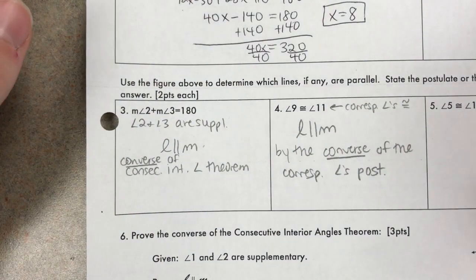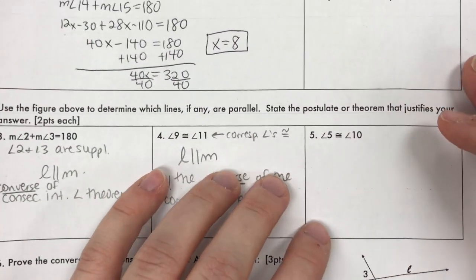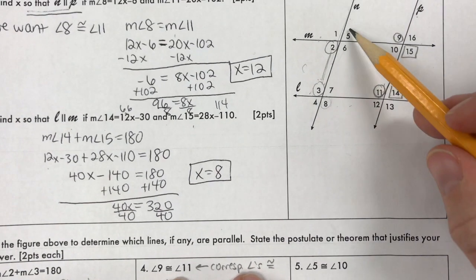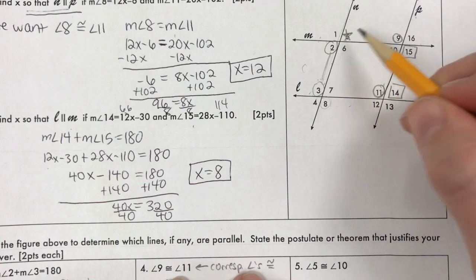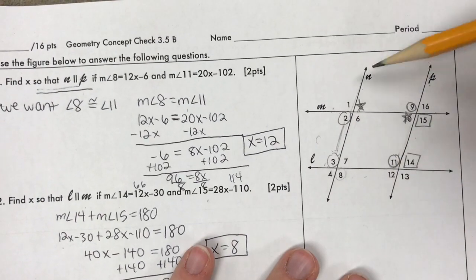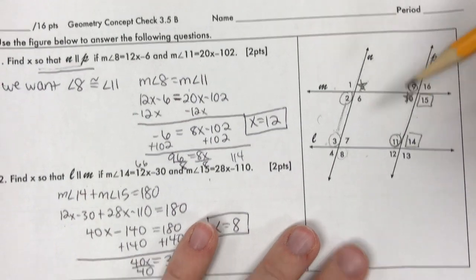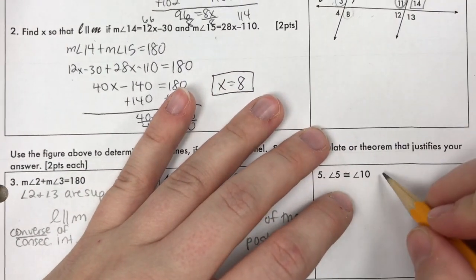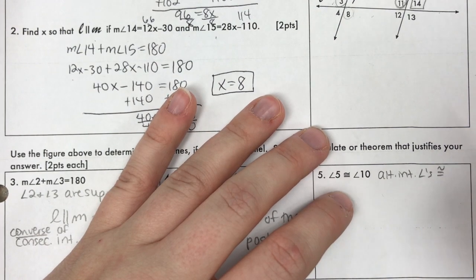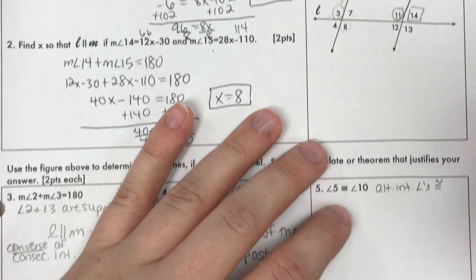Okay. Number 5, last one for this section, angle 5 and angle 10. Angle 5 is here. Angle 10 is here. Okay. Those are alternate interior angles. Okay, so since I'm also told that these alternate interior angles are congruent, then I'm going to be able to conclude some parallel lines.